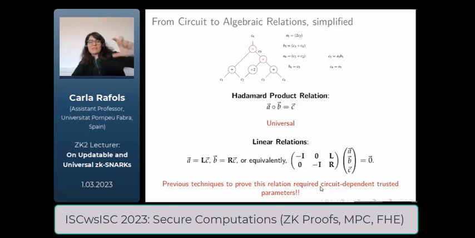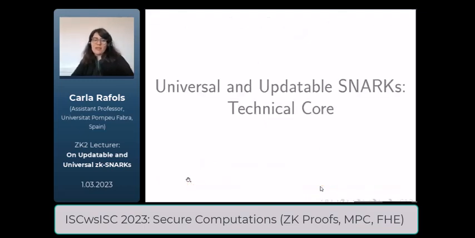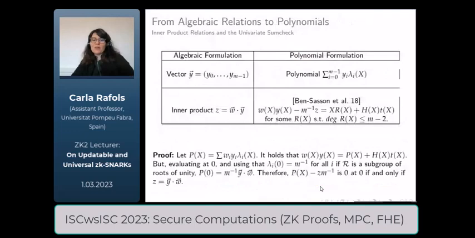When I write a matrix times a vector, this corresponds to many equations. And by doing an inner product, I can do at most one relation, okay? So I would like to have something like this univariate sumcheck to prove not just one linear relation, but many.